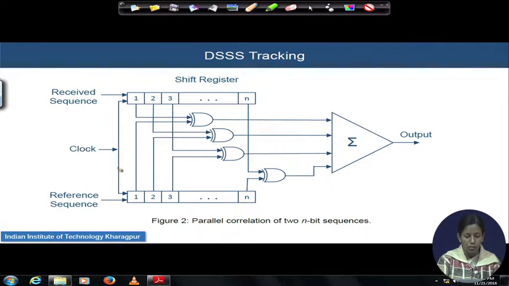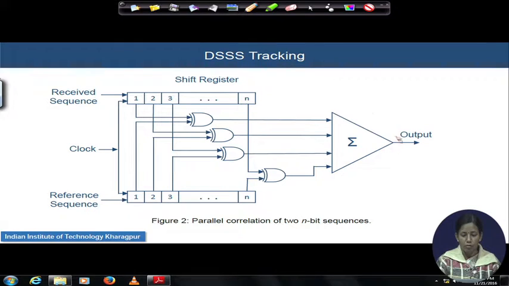Remember, the clock is synchronized between the reference sequence and the received sequence, such that bit-by-bit XORing happens, and for each and every bit we have a dedicated XOR gate; from 1 to n chips we have n parallel paths, and the bit-by-bit XOR operation is going on.